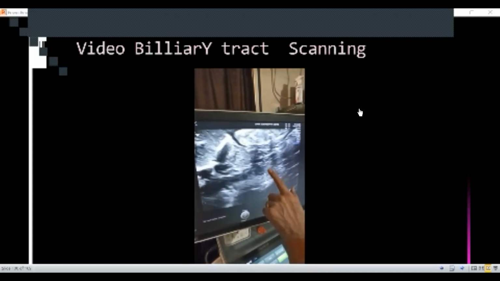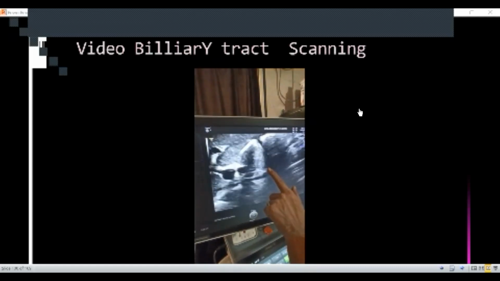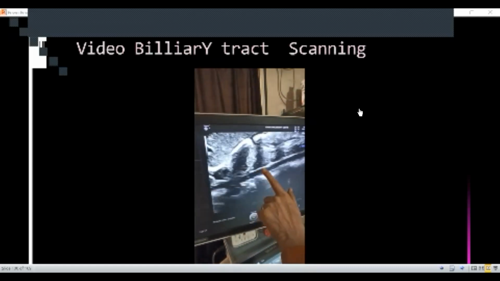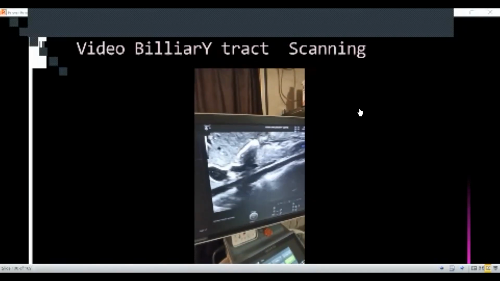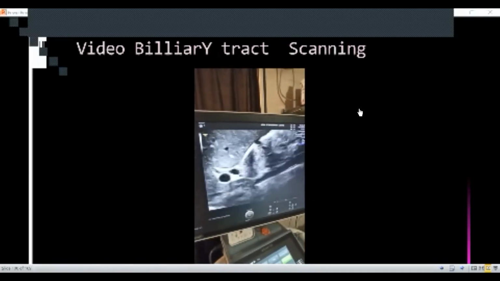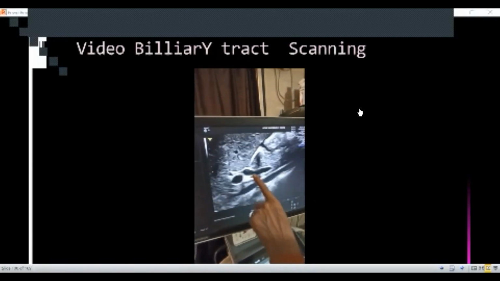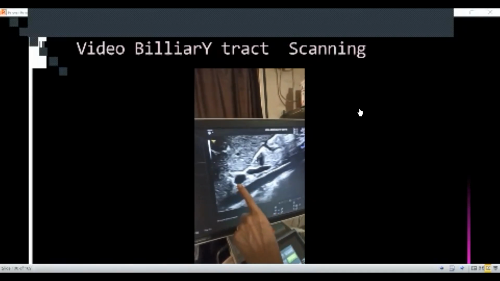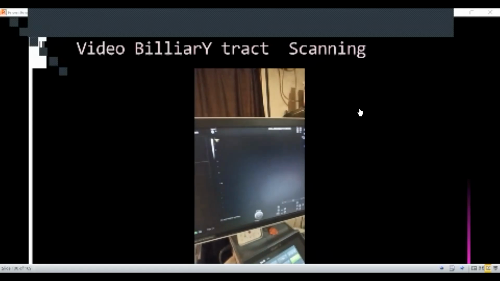Here the duodenum appears, and this part is posterior to the duodenum, the retroduodenal part. You can see the CBD in long axis, and at the same level the portal vein is in short axis.